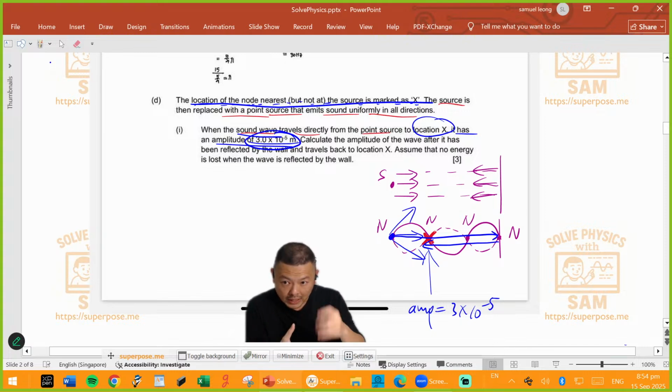the node should have no amplitude, right? Yeah, because that's what we imagine nodes to be. However, you must also remember that that's in a very ideal situation. Like standing waves, right? We say a node is a node. That means there's no displacement, and then we tell ourselves that, oh, but that's the definition of the node, right?